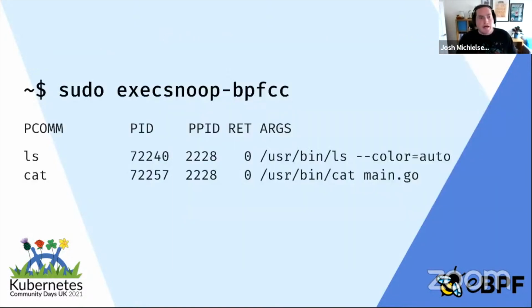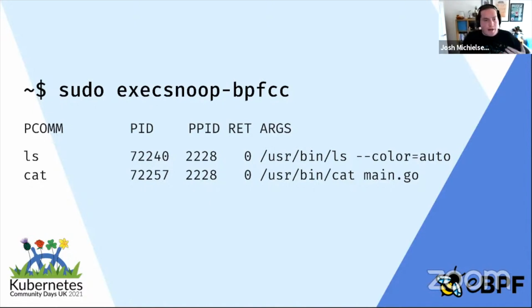An example of that is exec-snoop. This allows us to capture and output processes that are run on the system by any user, and get things like return codes. In this particular case, this is a really short example where I ran exec-snoop and threw out a couple of commands, ls, cat, etc. And here's what we get back.